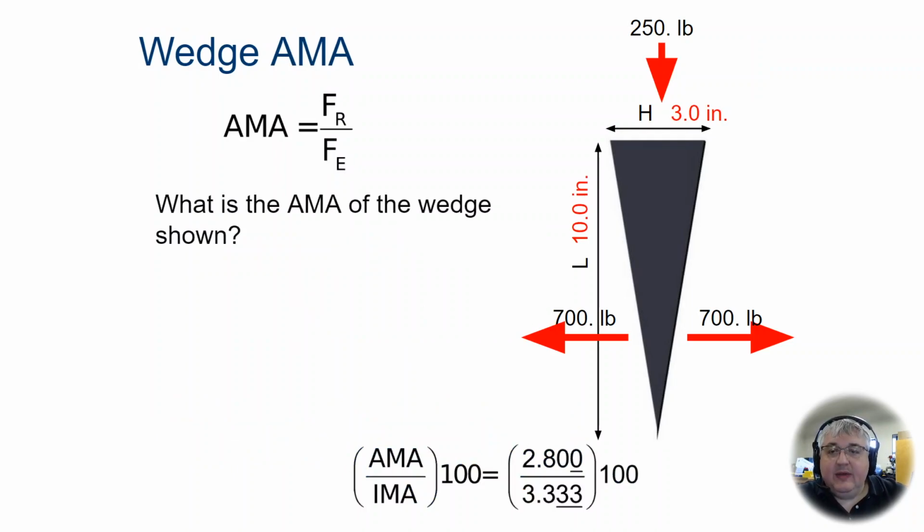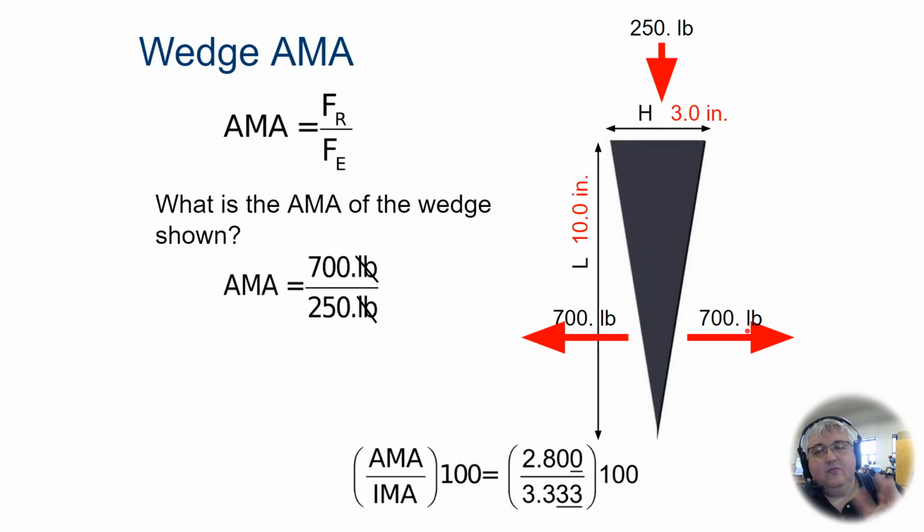All right, AMA, same thing, resistance force over effort force. So what's the AMA of this wedge? And we have measured this. Again, AMA is real world. I am pushing down with 250 pounds of force, and I'm getting 700 pounds of force on one side and 700 pounds of force on the other side. Because again, the wedge is really kind of like two inclined planes together.